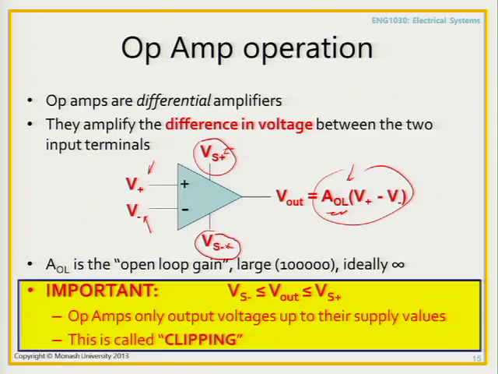This is what I've described multiple times and is called clipping. Op amps exhibit this behavior called clipping: the voltage on the output can only ever be between the supply voltages. So if you want larger output from your op amp, you need to supply it with a larger voltage on the supply terminals. Whenever the voltage hits the supply voltages, it's called clipping.